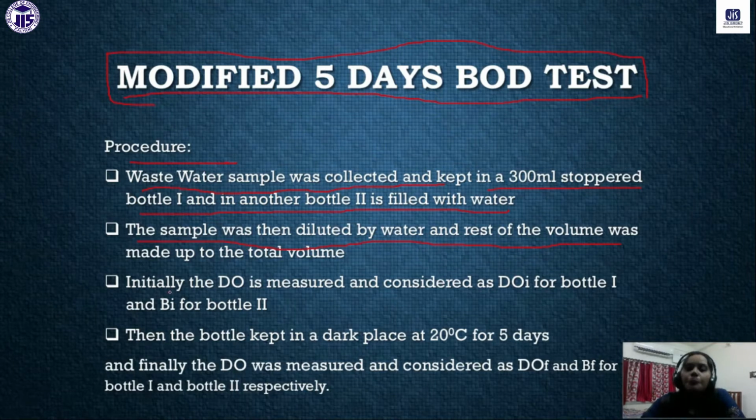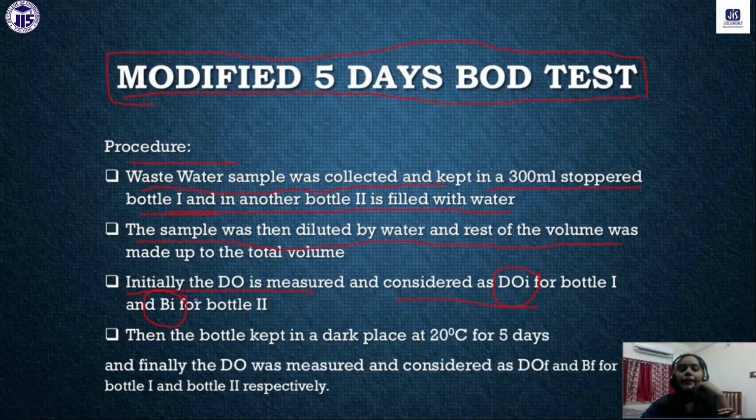Now, in the second step, we have diluted our wastewater sample and made up the volume. Next, in the third step, we have measured the initial amount of dissolved oxygen for both bottles. DOI is the initial dissolved oxygen for bottle 1, and for bottle 2 it is considered as BI.